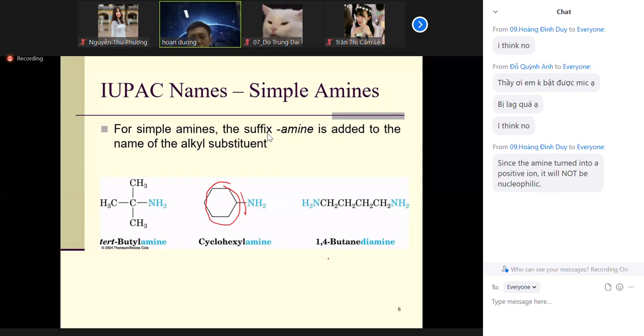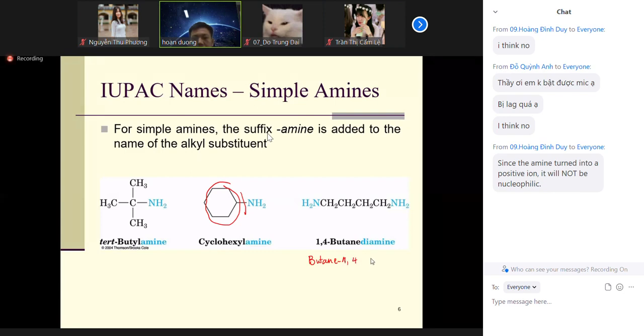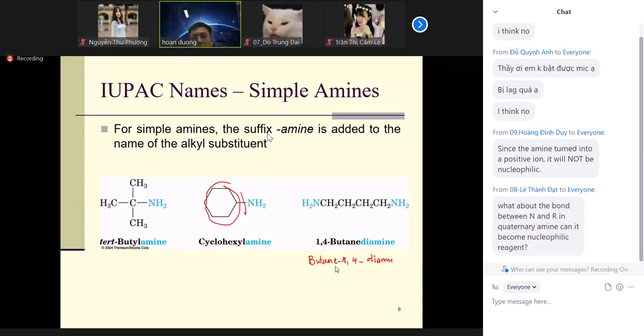They will put butane, and pay attention: butane-1,4-diamine. Now they prefer to call it this way, and something changed more. It depends on the author.